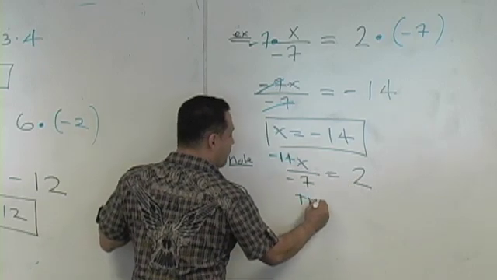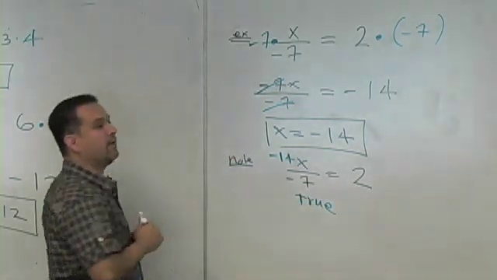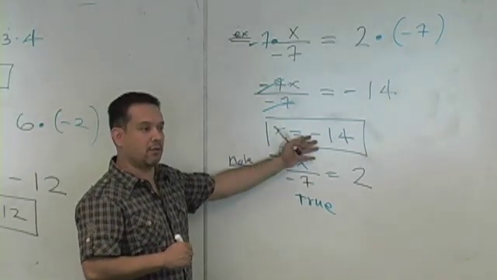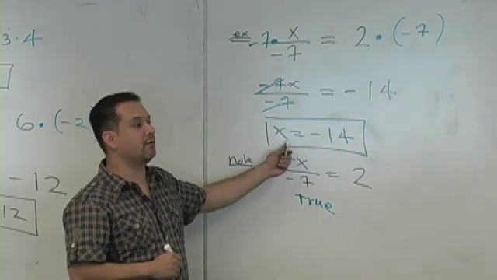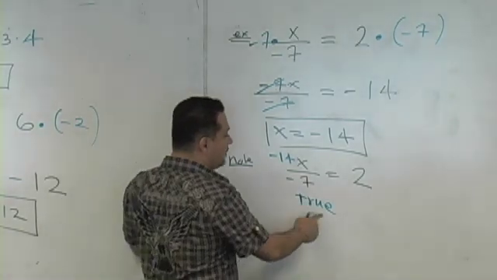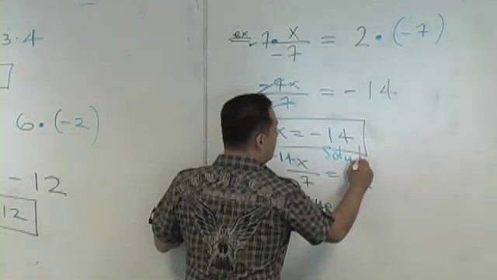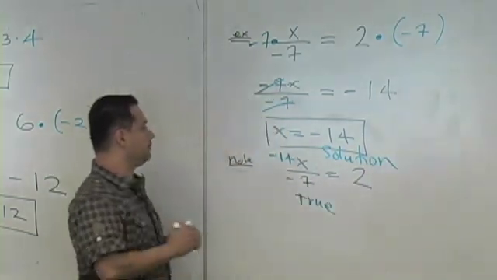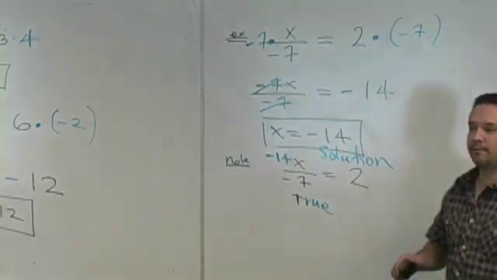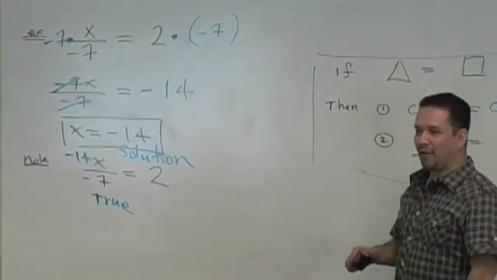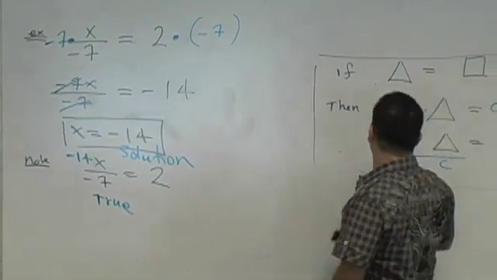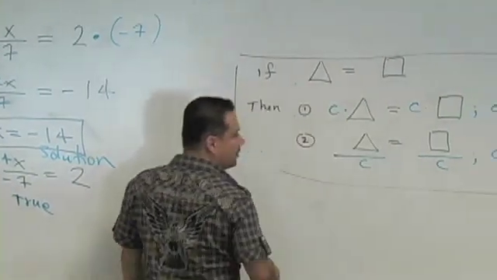So you get what's called a true statement here. This also means that the value negative 14 is a solution. The value that gives you a true statement is known as a solution. It comes from the word solve. Okay? Is that easy? You sure? Well, can I erase this? You guys have this in your notes?